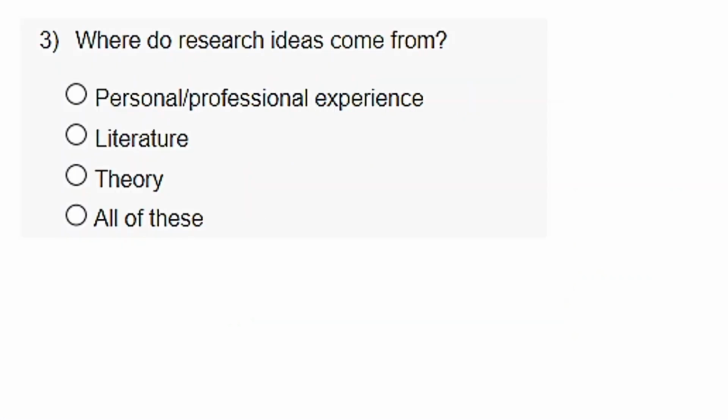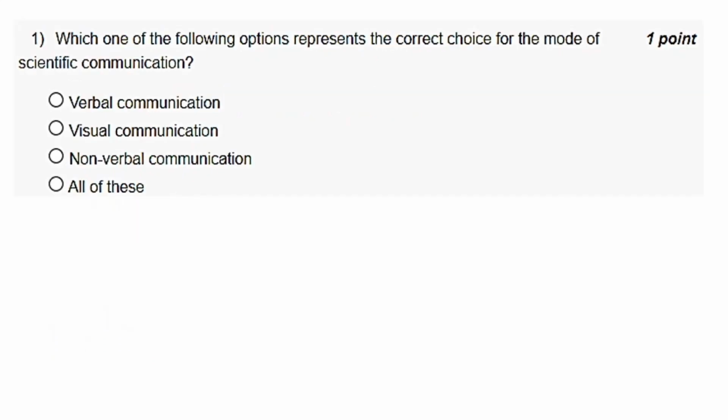So research ideas also come from all of these: personal, professional experience, literature or theory, definitely. So which of the following options represent the correct choice for the mode of scientific communication?